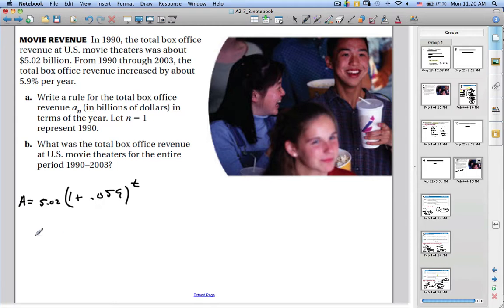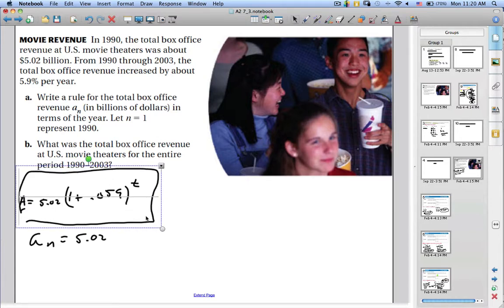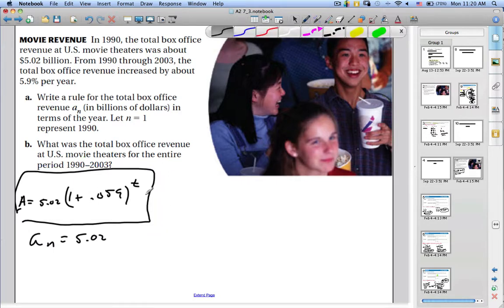So I know that a sub n will be equal to the first term, right? So we're making this year 1, right? 5.02. That's important to think about because in this scenario, which is the exponential function you worked with before last semester, in this scenario, 5.02 is actually the value for year 0, right?